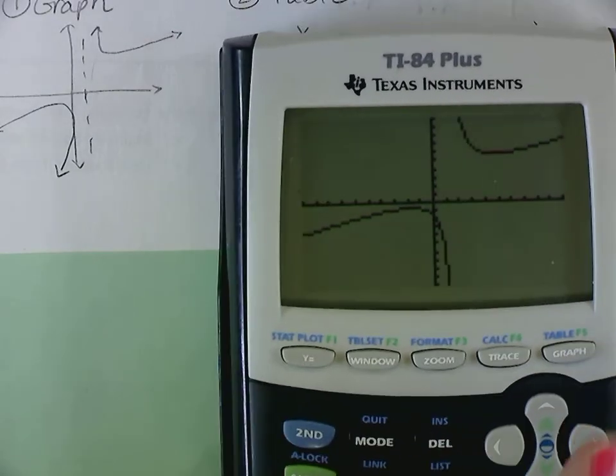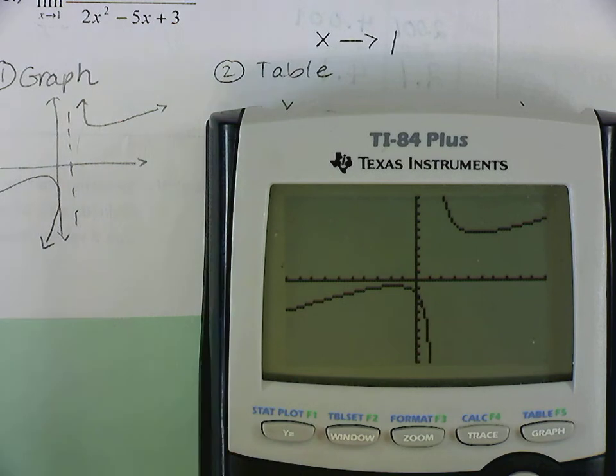Okay? Alright, so then if I'm getting closer and closer to 1, do you guys feel like you could pick some values for your table? Yep. 0.9, 0.99, 0.999, those would be great choices. Okay, and then coming from the right side, will be some good choices from the right side.